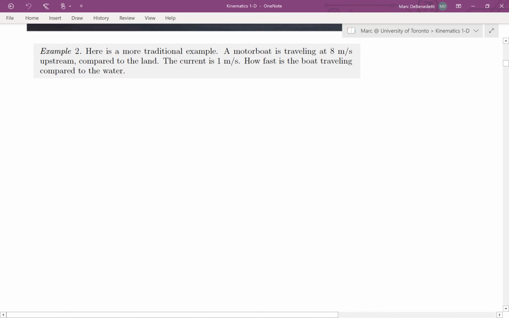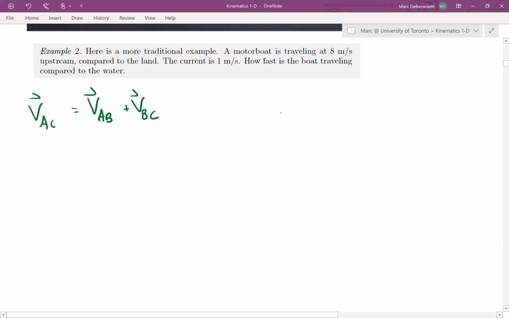So there's an equation that you might remember: vector AC equals vector AB plus vector BC.